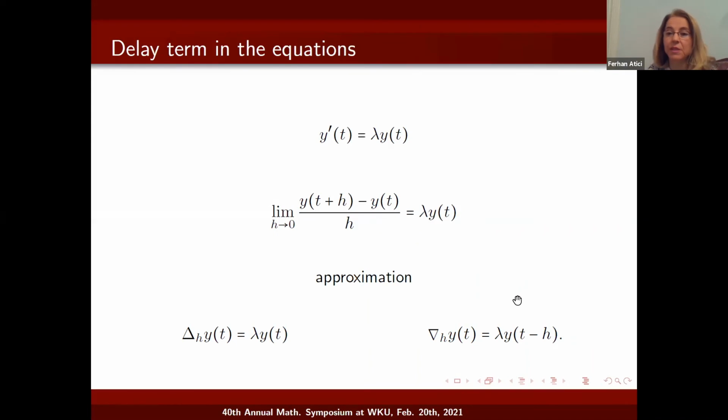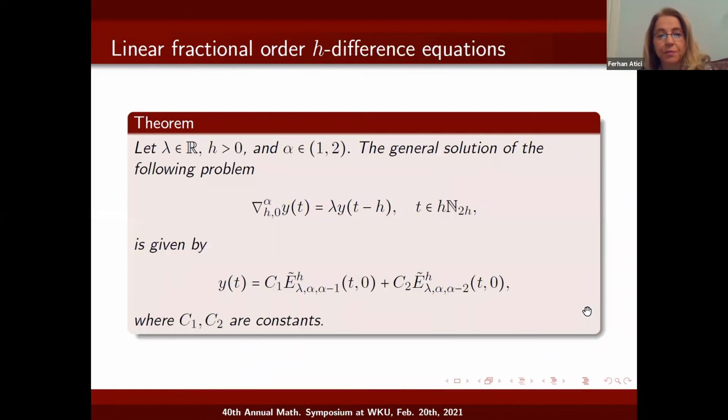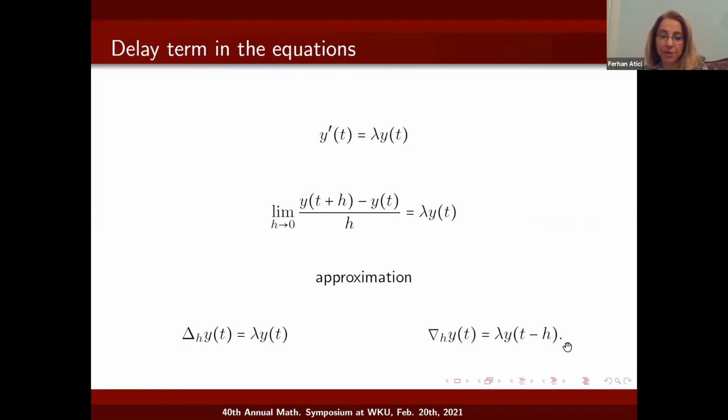then you are going to get this delay term. There is a delay term in the equation. You have a first order nabla equation here, a linear fractional order h-difference equation. As you see where this is coming from, I explained to you briefly in my previous slide.